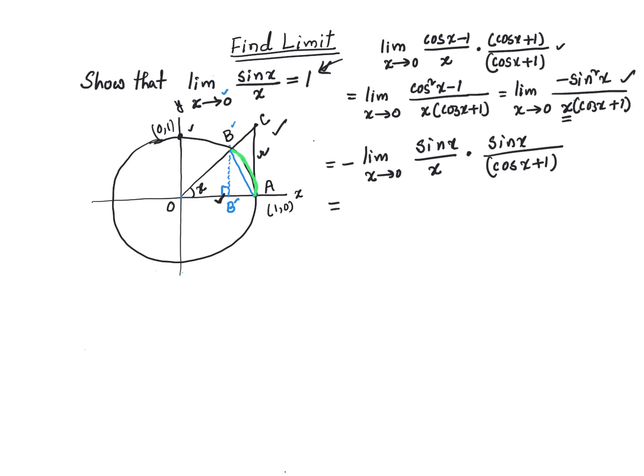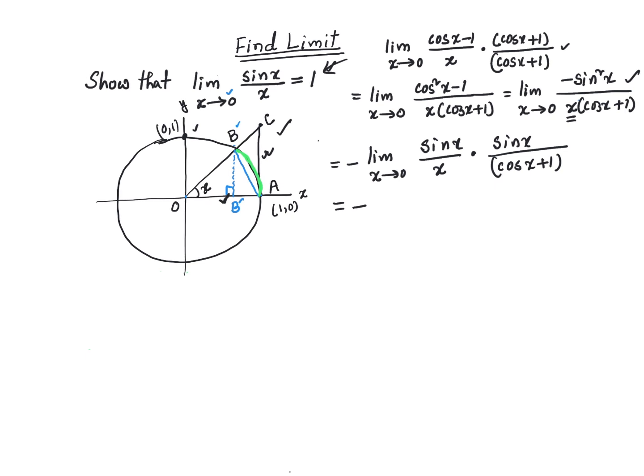Now I could use the limit properties. The limit of the product is the product of the limits, right? So it's going to be the limit as x approaches 0 of sine of x over x, times the limit as x approaches 0 of sine of x over 1 plus cosine of x.